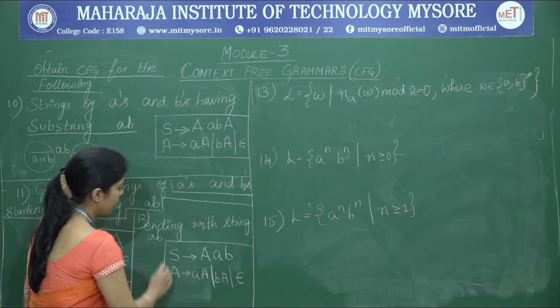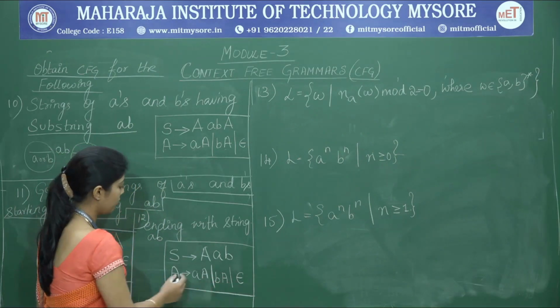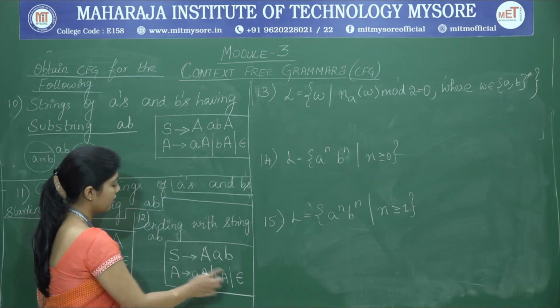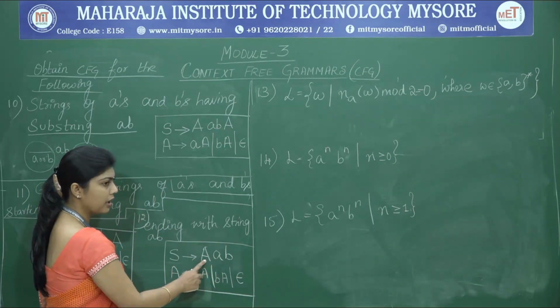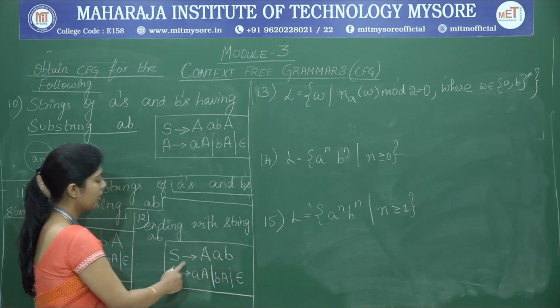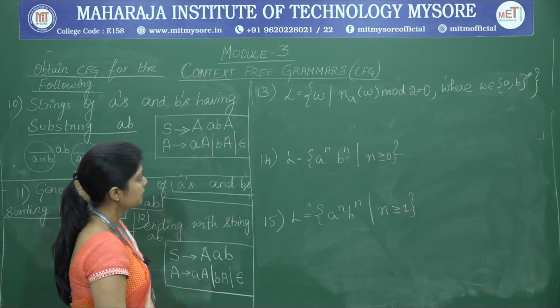So as and when we have the required number of A's and B's, we can put epsilon in place of A and stop the derivation, or else we can use this epsilon in the beginning itself to get the minimum string, which is AB. Okay.